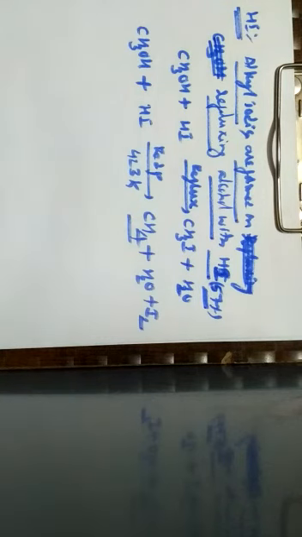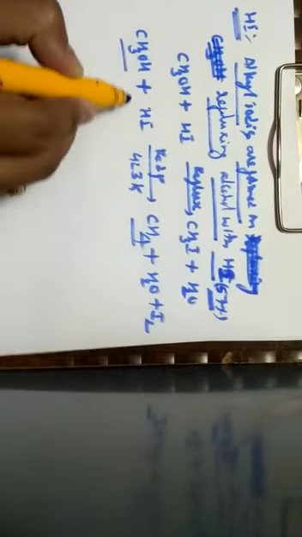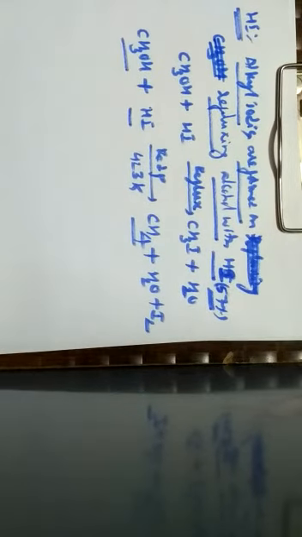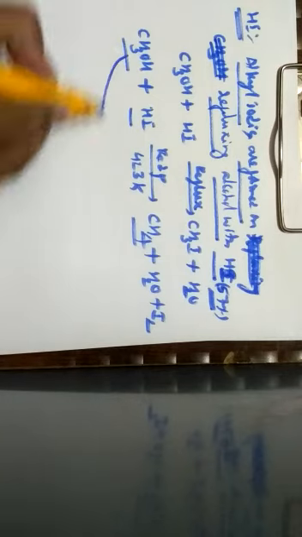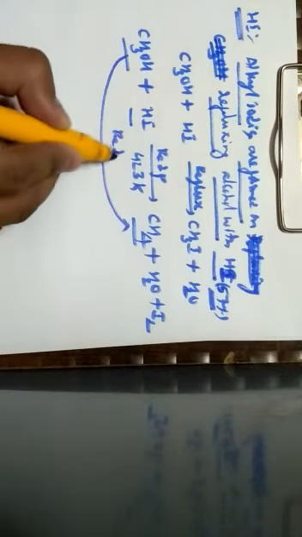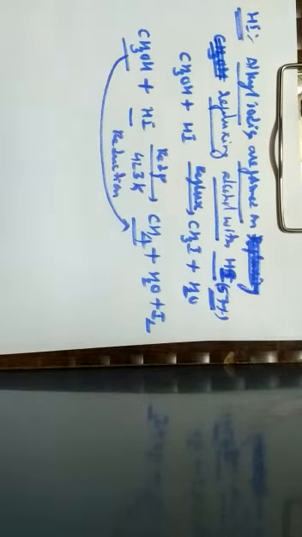This reaction readily tells that when alcohol is treated with hydrogen iodide in the presence of red phosphorus, reduction takes place. Here alcohol has undergone reduction to form methane as the major product.